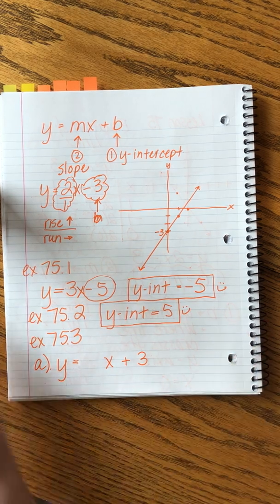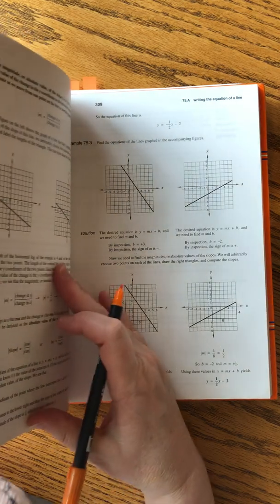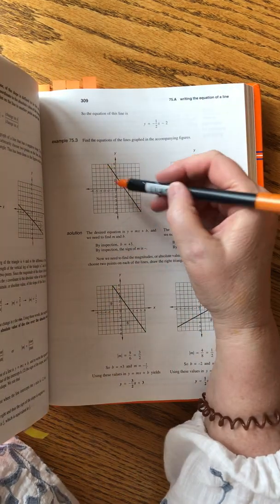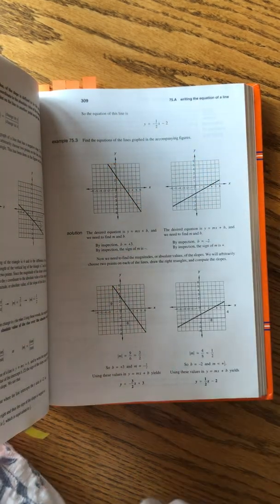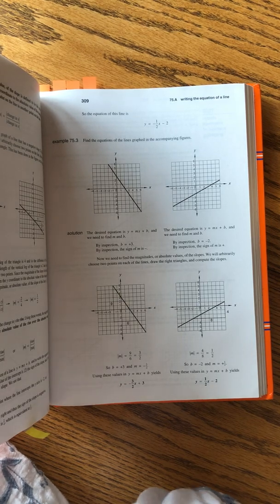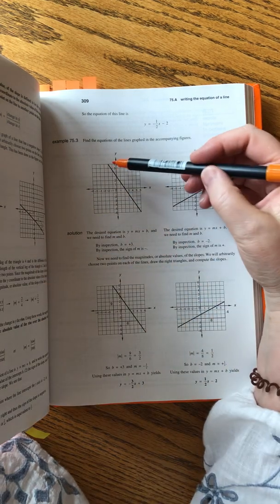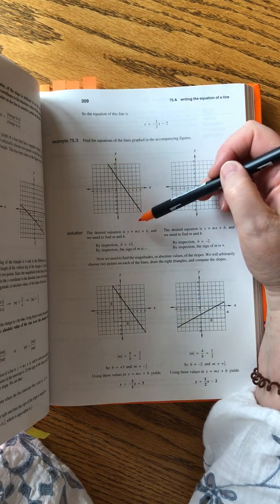Now, we have to decide if this is a positive slope or a negative slope. That's our first dilemma. And we see, oh, the little lady's going down the hill, right? It's going downhill. So we know it's going to be a negative slope.